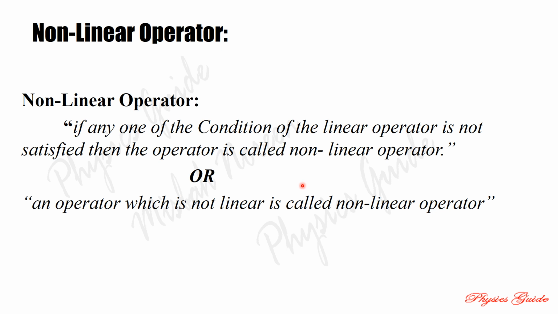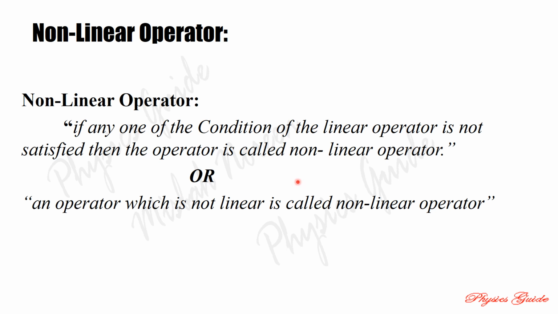And the second condition is that if we multiply a constant with the state vector or a vector element, and apply the operator, then it is equal to the constant outside of the brackets and inside the bracket is the operator applied to the state vector or vector element.